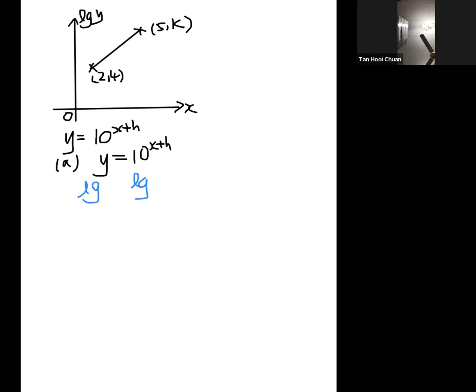So later, lg 10 is just 1, so no need to write.